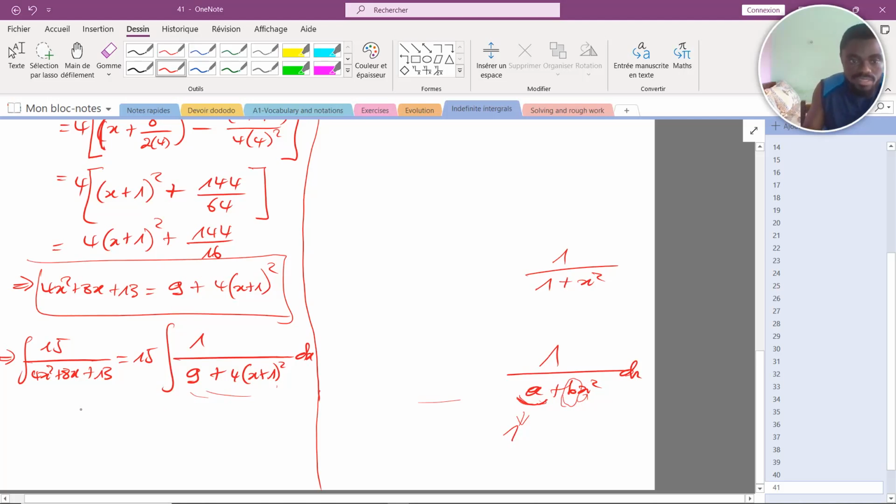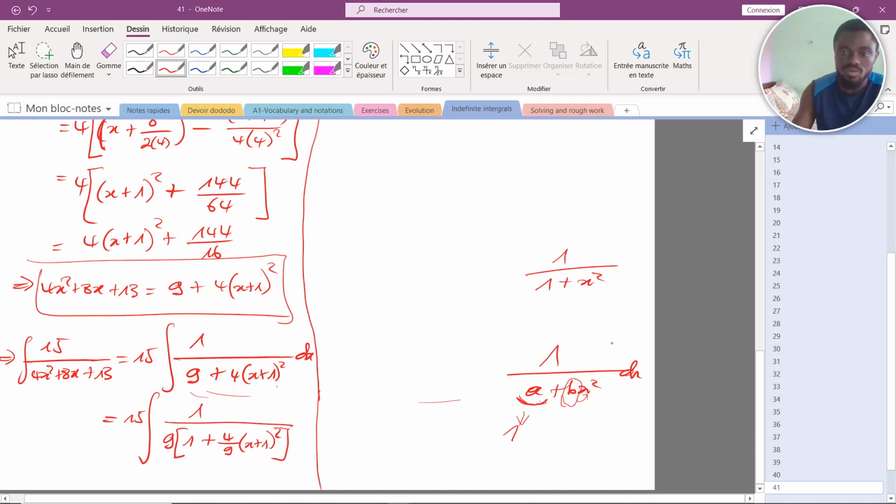So I'll apply it here. This will be equal to 15 into the integral of 1 all over, I will factorize this 9. When I factorize 9 here, what remains is 1 plus, since there was no 9 here, 4 on 9 into (x plus 1) squared.